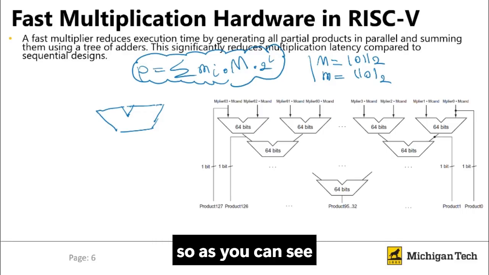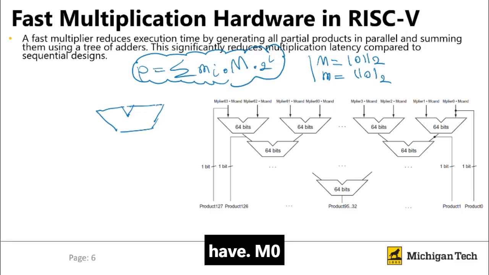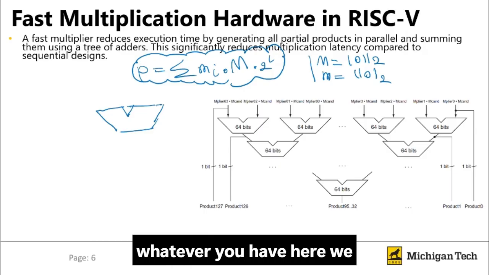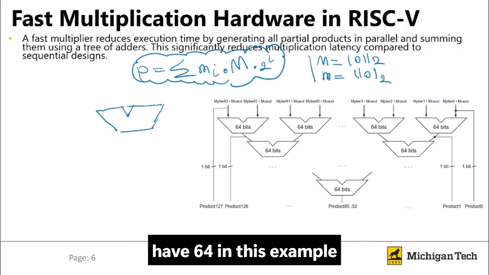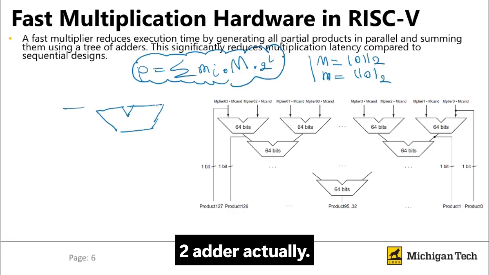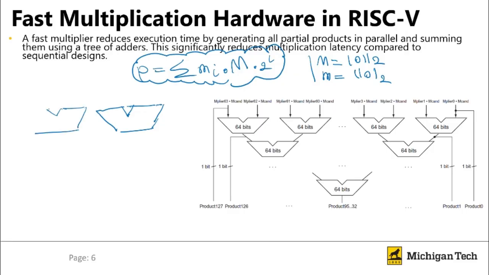As you can see in this picture, we have m0 multiplied with the multiplicand, m1, m2, m3. Here we have 64, but in this example we just have 4, so I'm just going to write 2 adders.